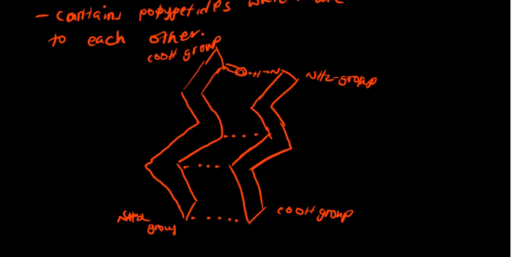As you can see, an amino acid is read from the N group towards the carboxyl group. That's how you read the polypeptide. So this will be the direction, then this one in this direction. So as you can see, the polypeptides are antiparallel.